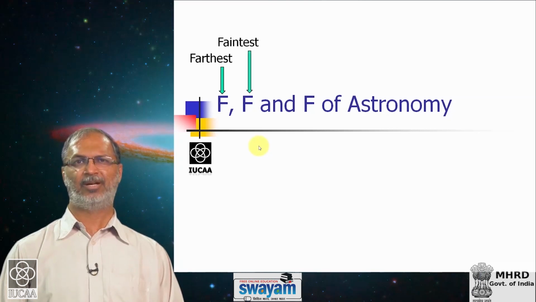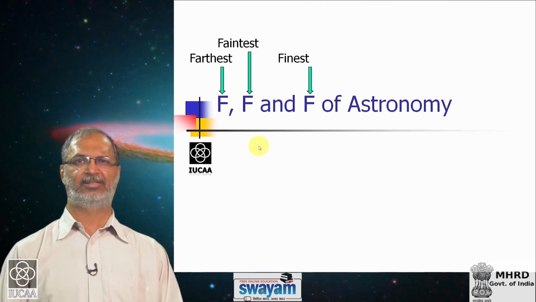The second F relates to the faintest objects in this universe. What is the faintest celestial object from which you can collect information and study about? And the third F is the finest, which relates to how fine details of an object in the sky you can study.